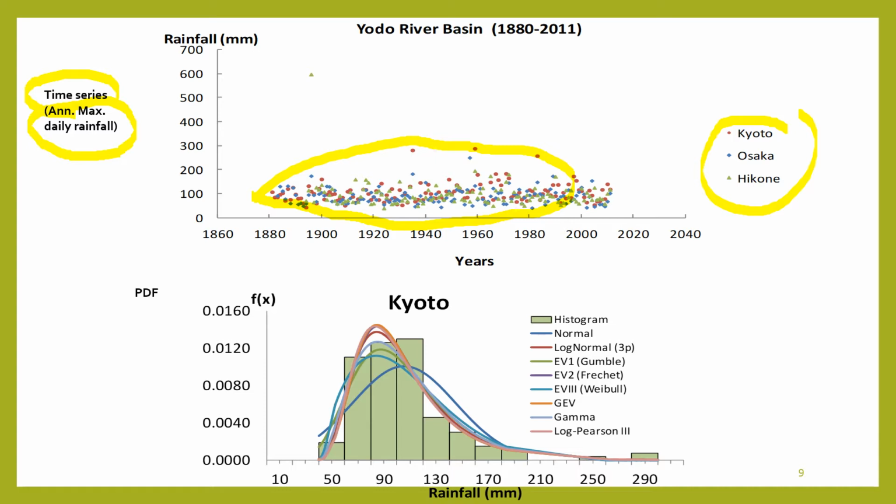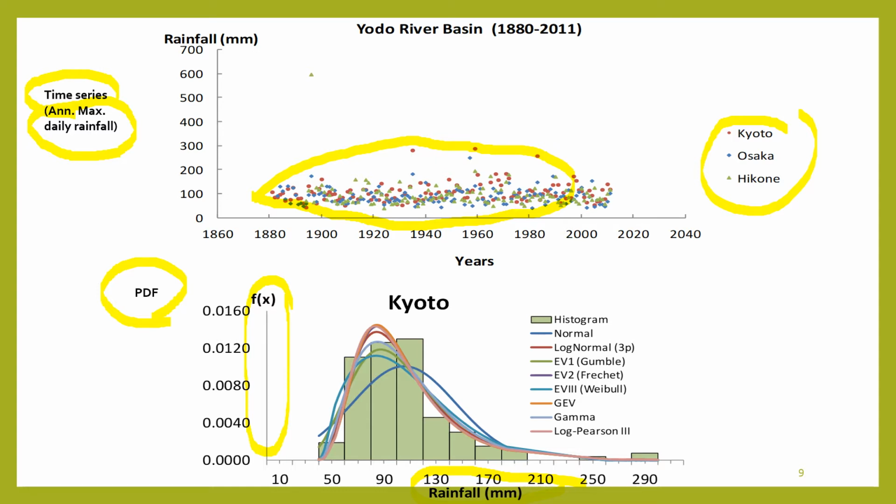Using this data, we can develop this PDF, probability density function. So the y-axis is probability, and the x-axis is the data, the annual maximum data. What does this mean?